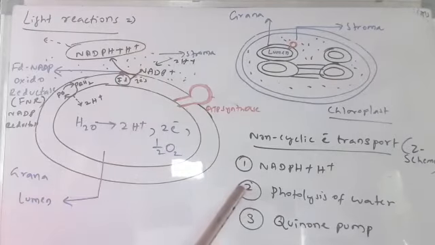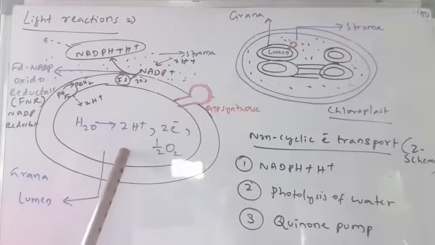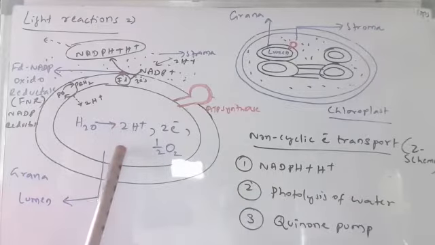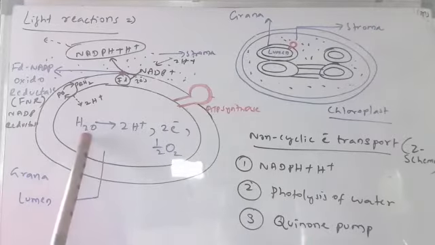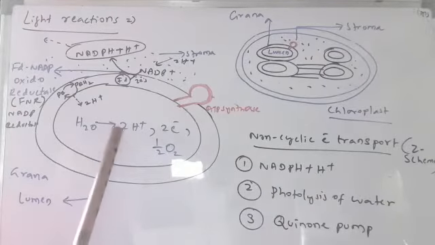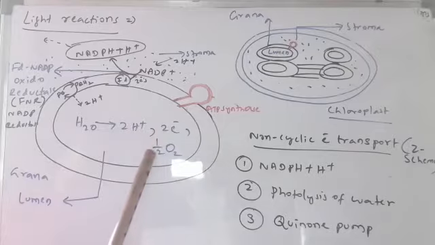The second reason is that photolysis of water takes place in the lumen. During the initial phases of the non-cyclic electron transport, splitting of water takes place, releasing protons, electrons and half an oxygen molecule, or 1 oxygen atom.